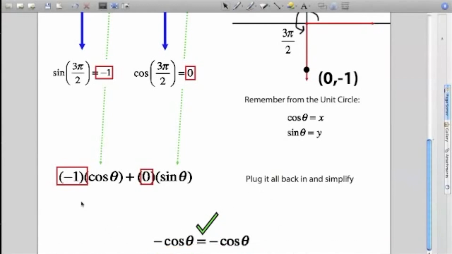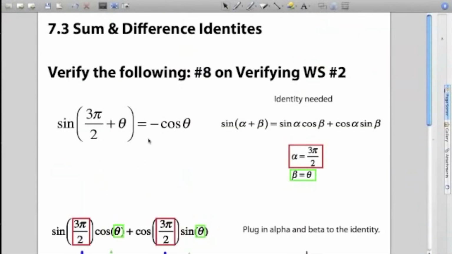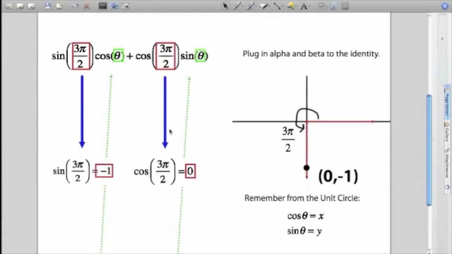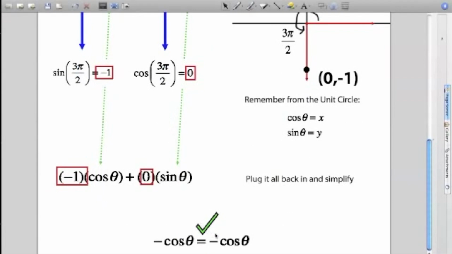Because negative 1 times cosine is negative cosine, and 0 times sine is 0. So therefore, you simply have negative cosine of theta. And that's exactly what was on the right side of the equation at the top. So we go down to the bottom, and that's exactly what we have.